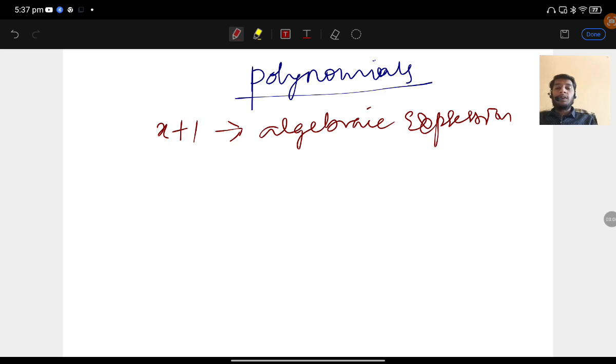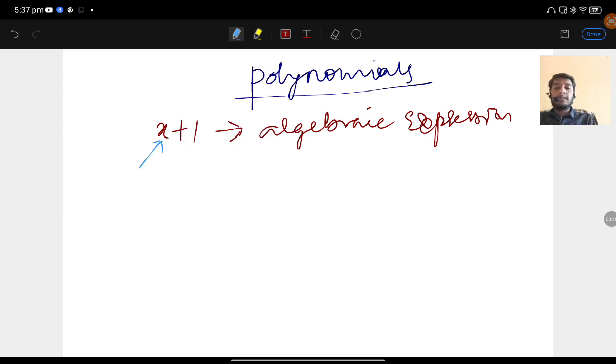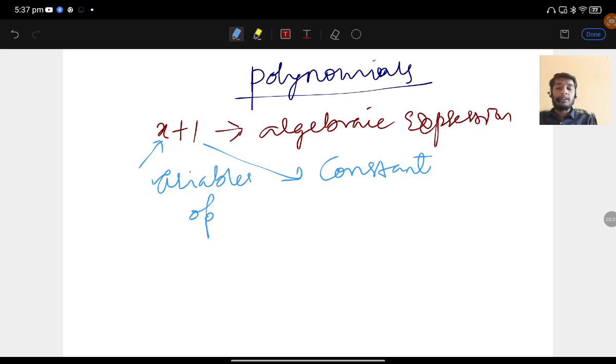As you know, here x is a variable, 1 is a constant, whereas plus is an operator.